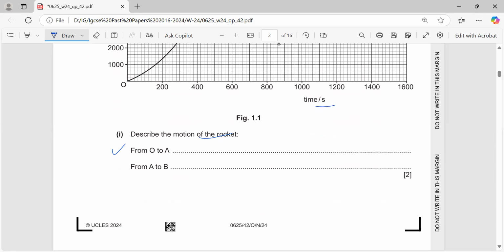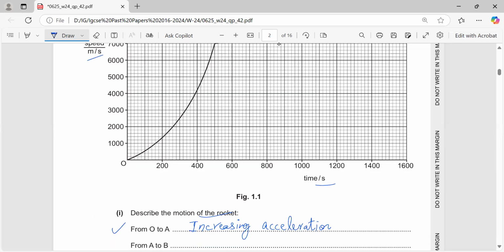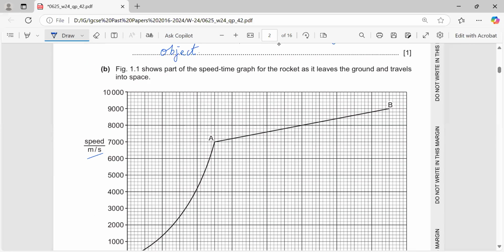Only 2 marks, so no need to give the reason. More suitable is increasing acceleration, because slope is what? Slope is increasing. And then from A to B, there is still a slope, but the slope is constant.